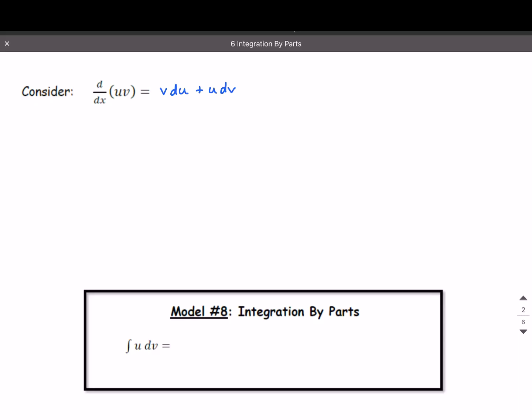Now if I integrate both sides of that equal sign, we know that the integral and derivative are inverse operations, so on the left-hand side we just get uv. On the right-hand side, we have the integral of v du plus the integral of u dv.